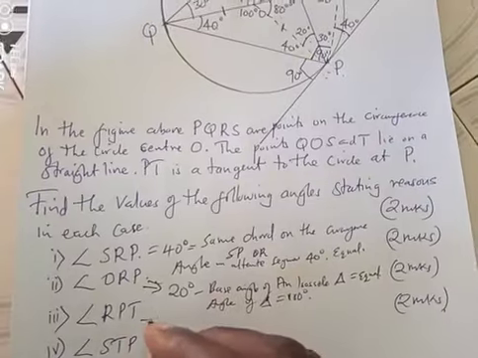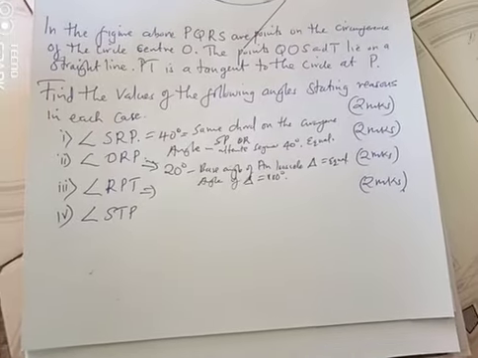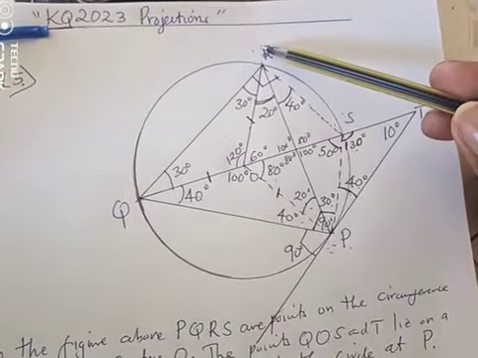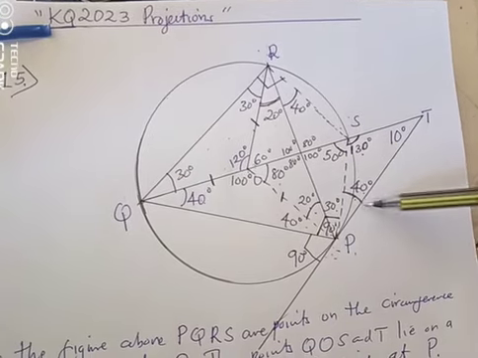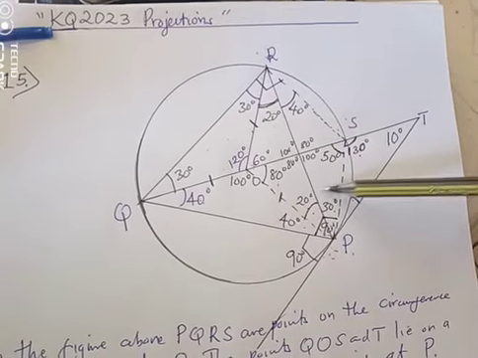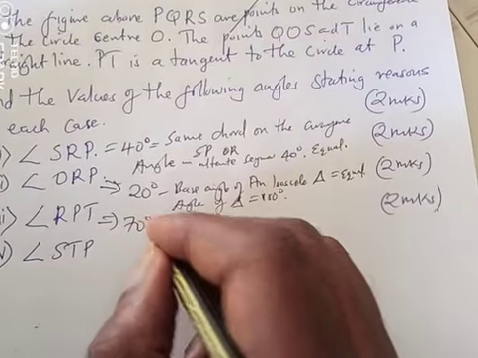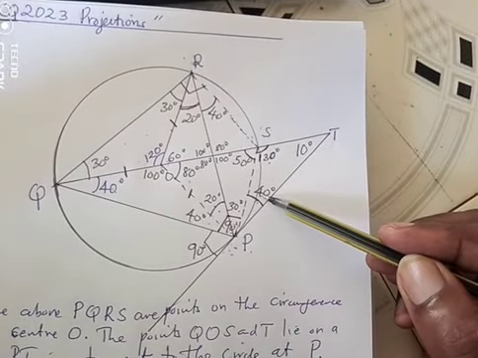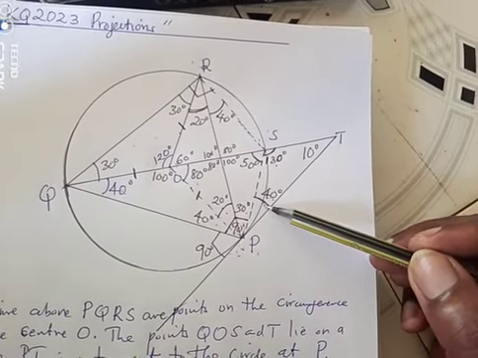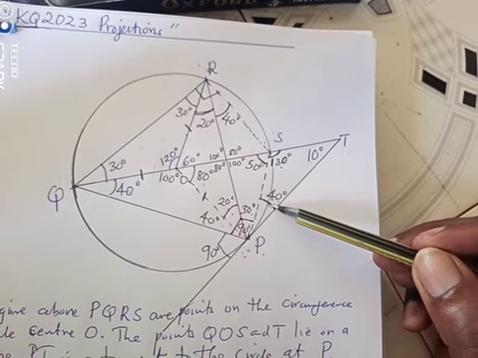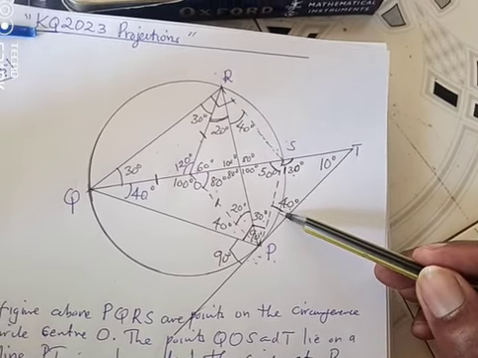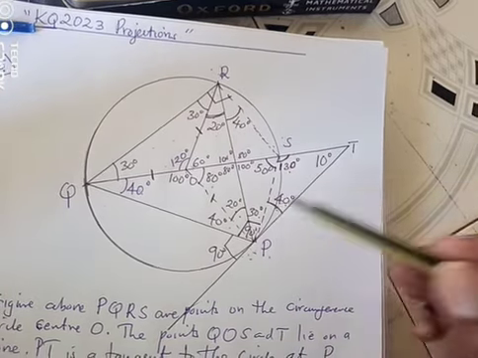Then angle RPT, where is it? RPT is 70 degrees. RPT 30 plus 40 is 70 degrees. What is the reason here? Part of it, 40, we got by angles in alternate segments.